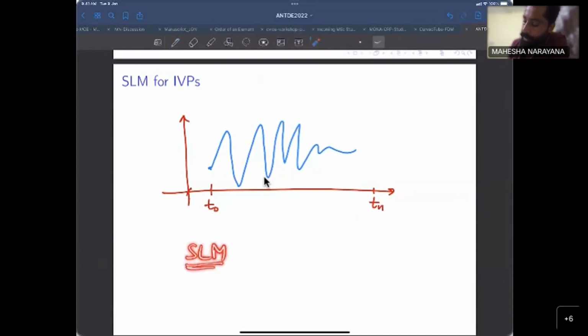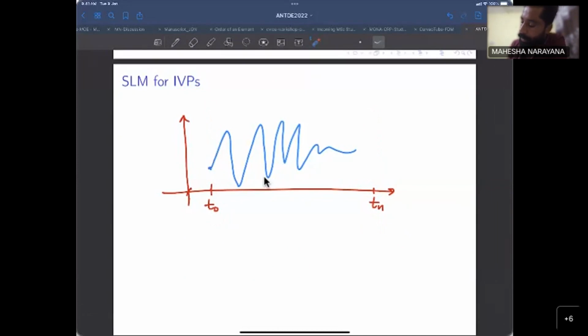If it is an IVP whose solution goes very smoothly, you could just do away with the one interval, and solve it similar to how you did your boundary value problem. But when your solution varies abruptly over small intervals of the domain, then the original SLM can't handle this.